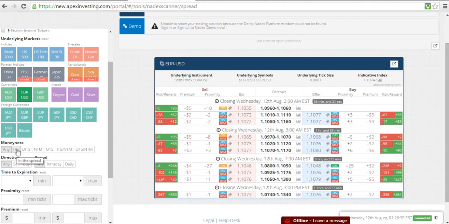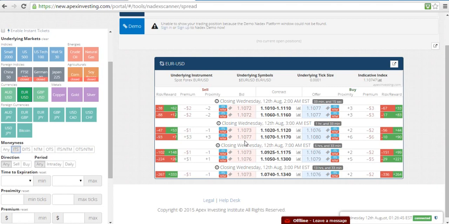ITS right here, if you put your mouse over it, will say In The Spread. If we click that, notice it filtered our options a little bit. All of these options have to do with the indicative itself. ITS, in the spread, means the indicative is within the spread, between the floor and the ceiling.